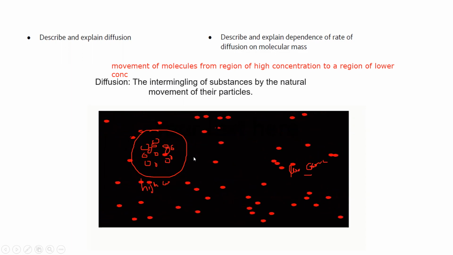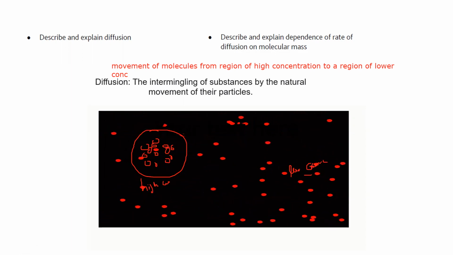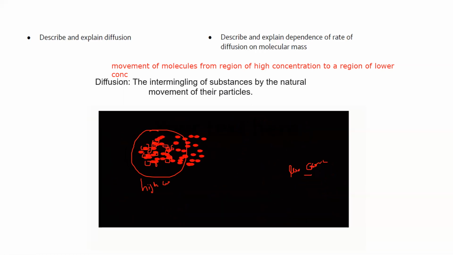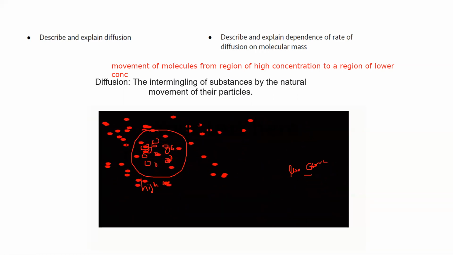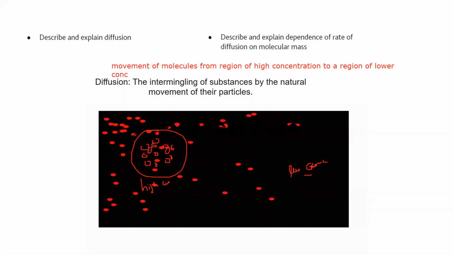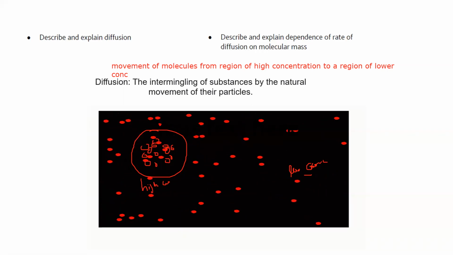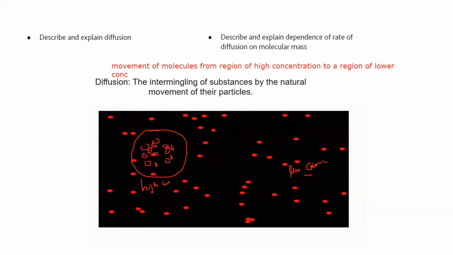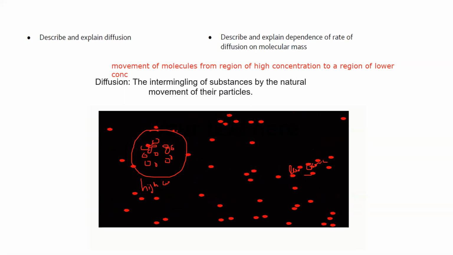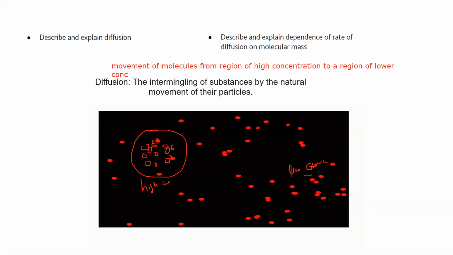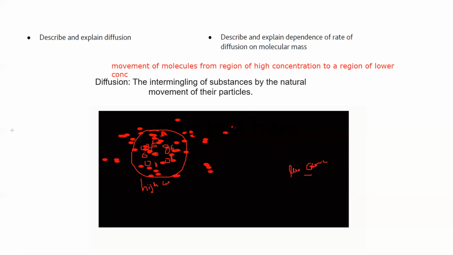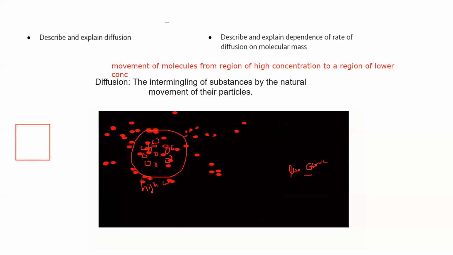An everyday example: in a kitchen, if someone is cooking food, you can smell the food after some time. Even if you are using perfume, the smell of the perfume spreads throughout the room. Why does it spread throughout the room? Because of the process of diffusion. If this was a bottle of perfume containing a liquid and a gas, both phases are there.